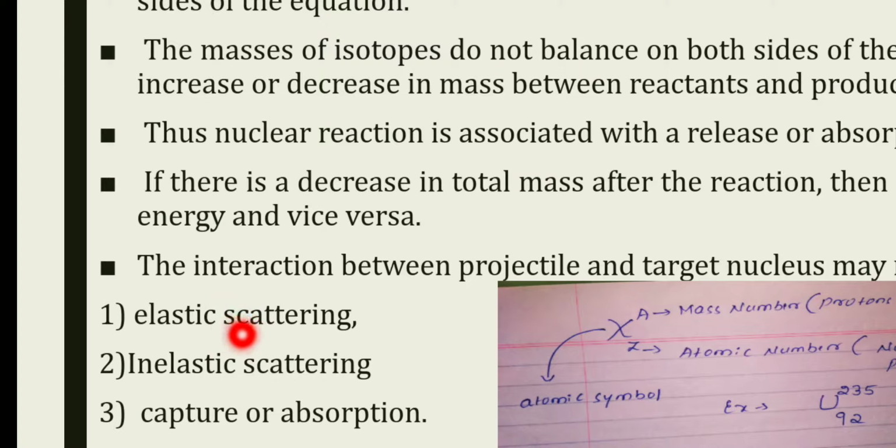So what does elastic scattering mean? The nucleus is hit by the neutron, and the direction of the neutron changes during the reaction, but the momentum of that projectile, that is its kinetic energy, is retained. In elastic scattering the total kinetic energy of the system is saved, completely conserved.